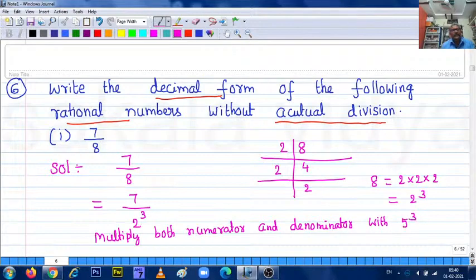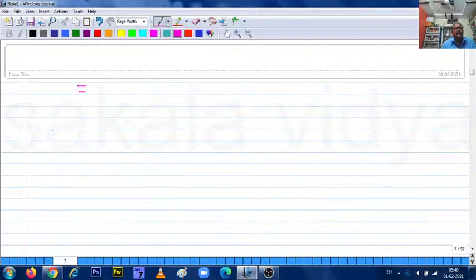Suppose 5 cube is there, multiply both numerator and denominator with 2 cube. So vice versa. So we can write 7 upon 2 cube multiplied with 5 cube upon 5 cube. Indirectly 5 cube cancels, multiplying with 1 only. So it makes no difference.